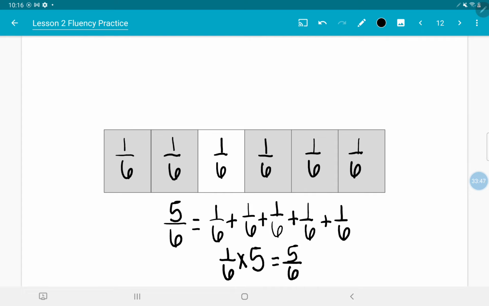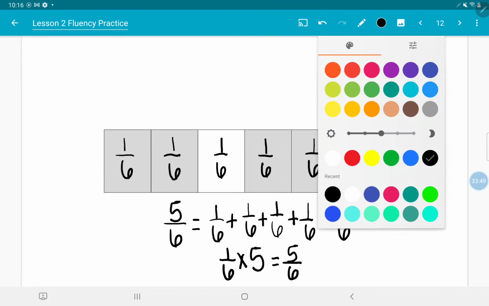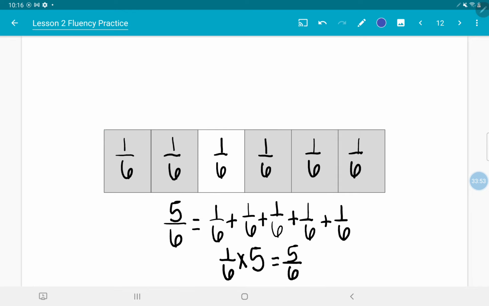All right, I want you to look at this one. What if I group these two parts to the left of that piece that's not shaded? What's the portion to the left of the white part that's shaded?